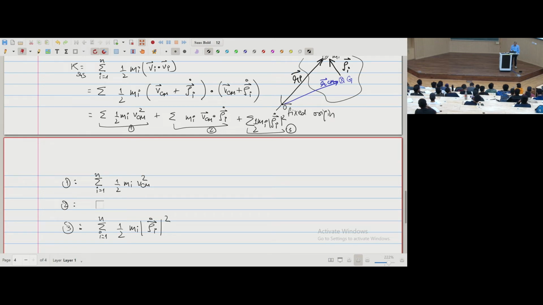So for number 2, I will take vCM outside the summation because it has nothing to do with the summation over the number of particles. What is term number 2?